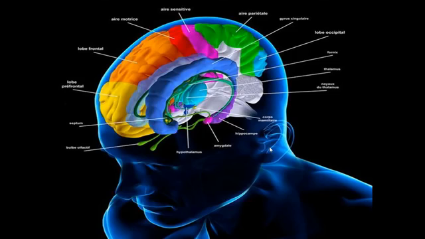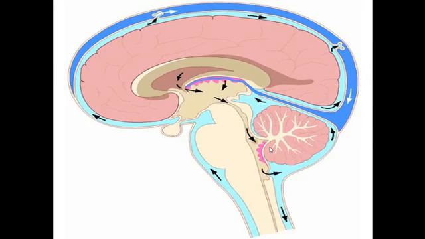So we should know the basic anatomy, physiology, and pathology of CSF circulation, including brain and meninges. This is a very nice picture of CSF circulation.